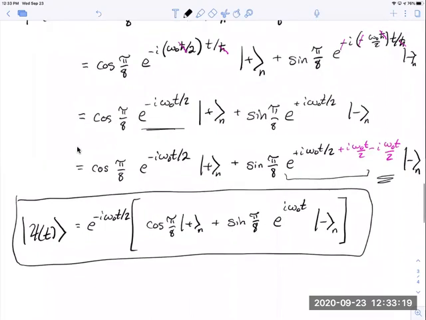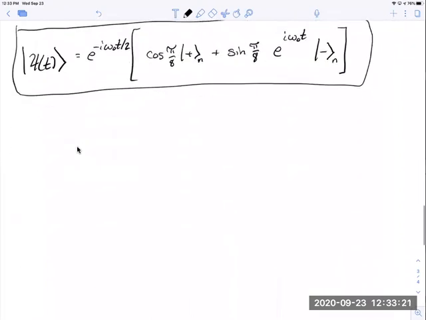I will now find the probability of measuring spin down after starting in the spin up direction. So remember we said that was spin down overlap with psi of t, quantity squared. So I am going to multiply this whole thing out.